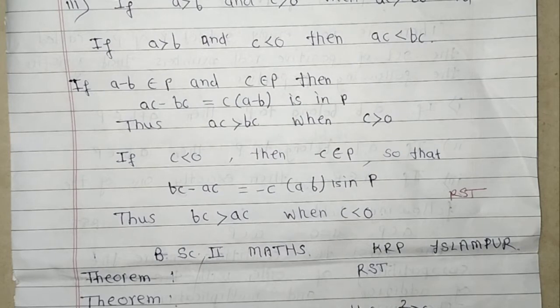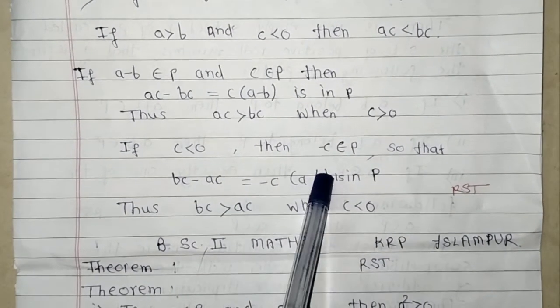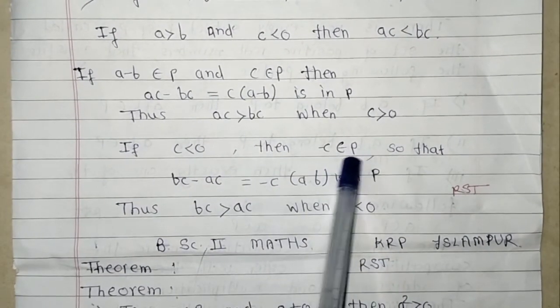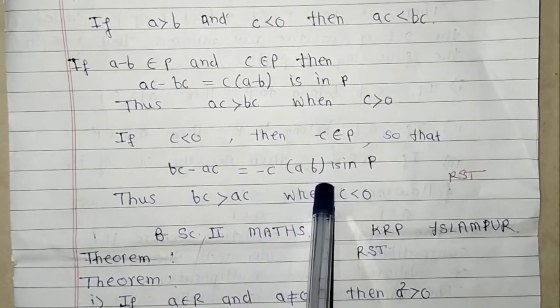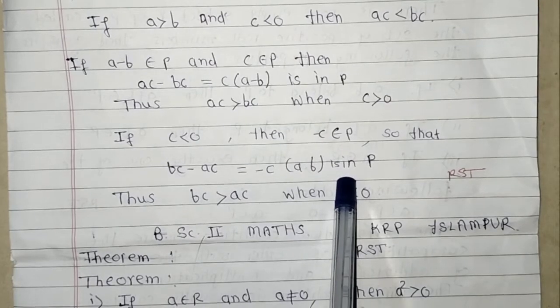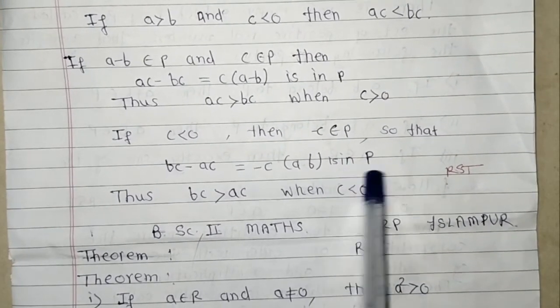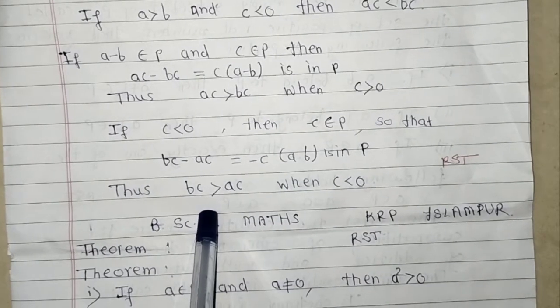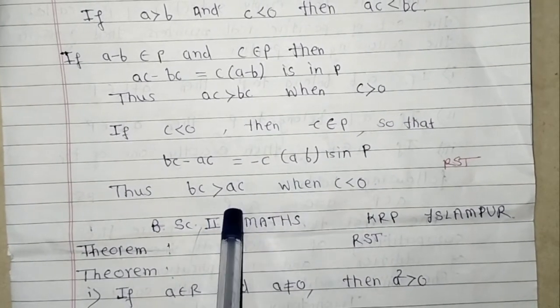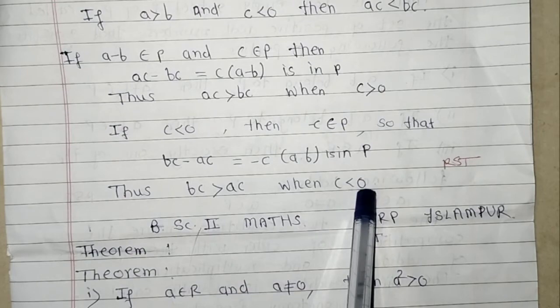And if C is less than 0, then minus C belongs to P, so that BC minus AC equal to minus C into bracket A minus B belongs to P. Thus, BC is greater than AC when C is less than 0.